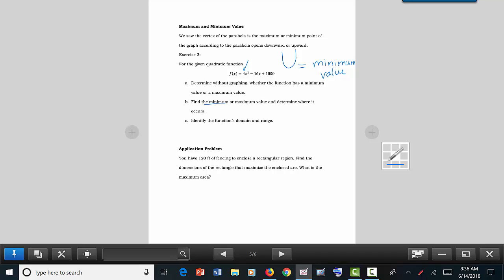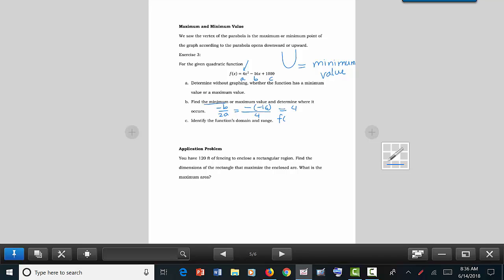So let's find the vertex. This is A, this is B, this is C. Negative B over 2A is negative of negative 16 divided by 4, so that becomes 4. Now let's plug this back into the function.